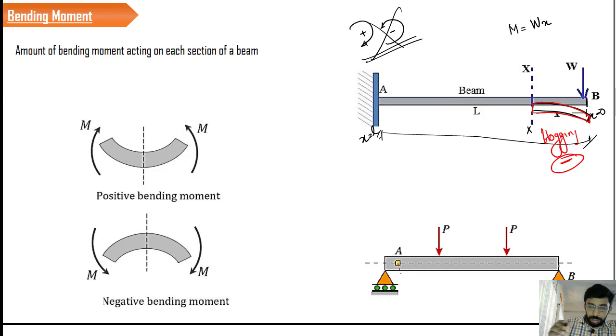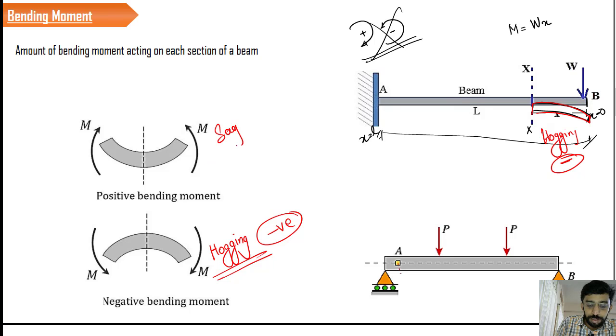So if we are using this sign convention methodology, then we can say that this kind of bending is called hogging type and is given a negative sign. The first one is a sagging type. This is a positive one, and this is a negative one.